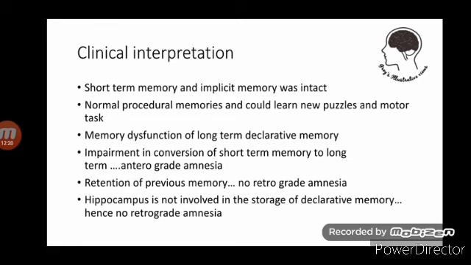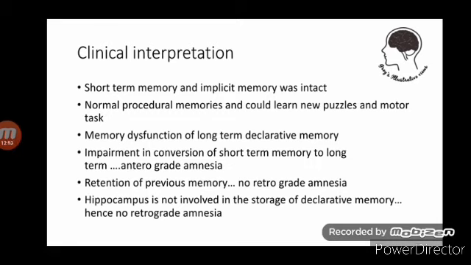That type of amnesia which occurs after the lesion of a particular structure is anterograde, and the type of amnesia which occurs before the lesion is retrograde. In retrograde amnesia, the patient cannot recall previous past experiences. But retrograde amnesia is not due to a part of the hippocampus.